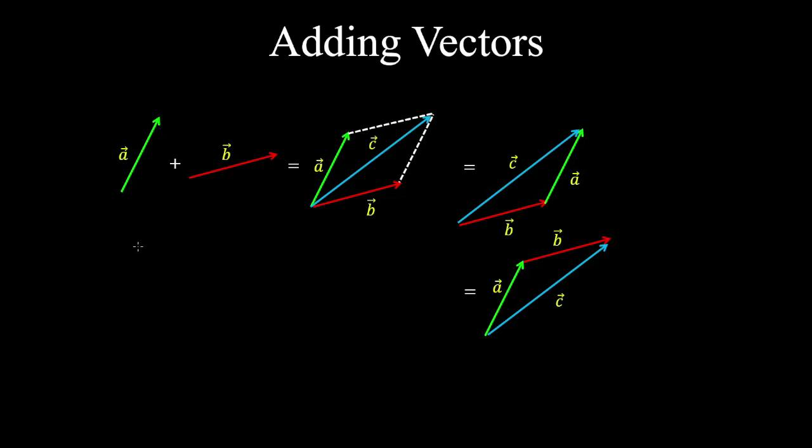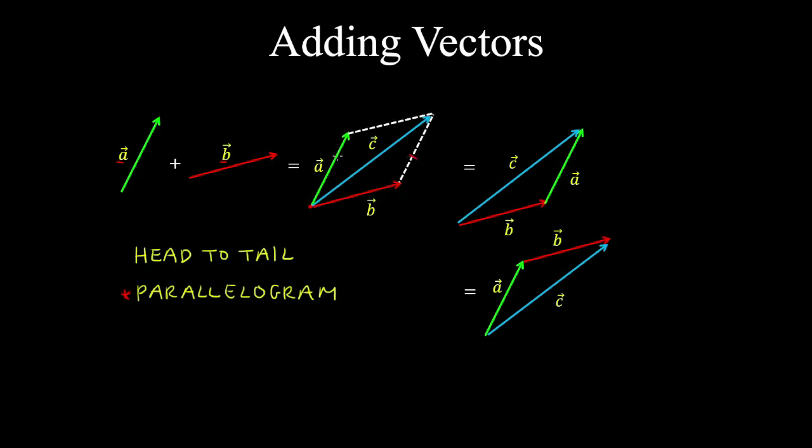We can add vectors using the head-to-tail method or the parallelogram method. So with the parallelogram method, when adding vectors A and B, we place their tails together and we construct the parallelogram from these vectors.